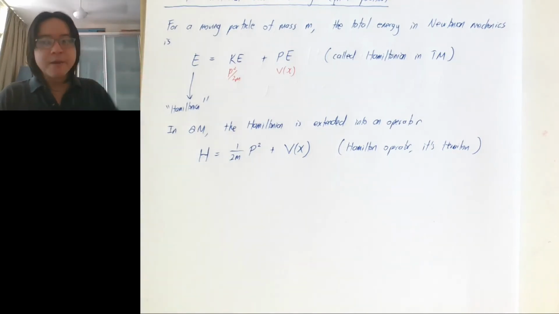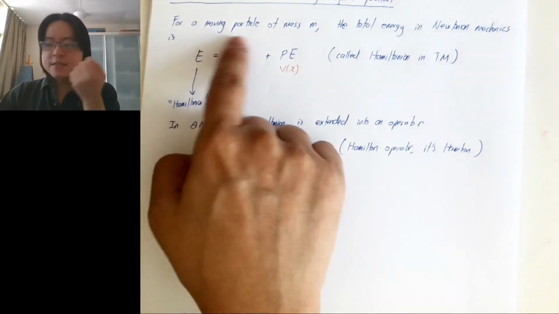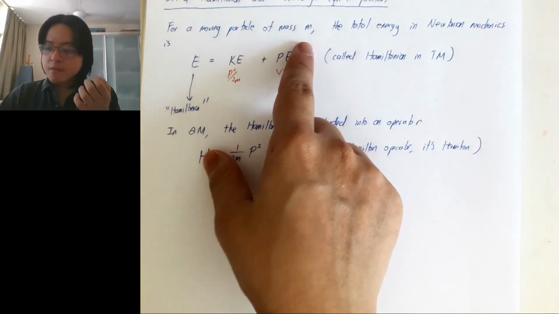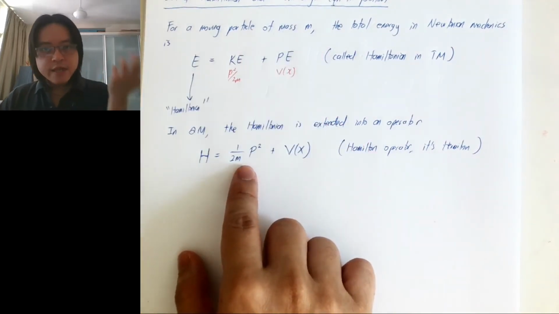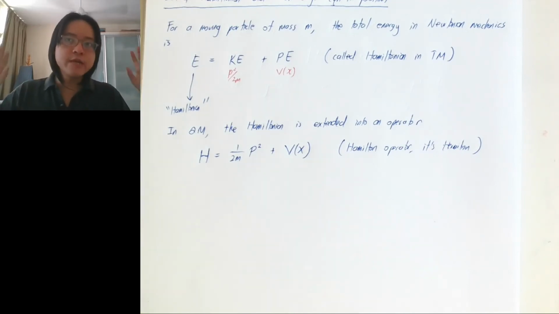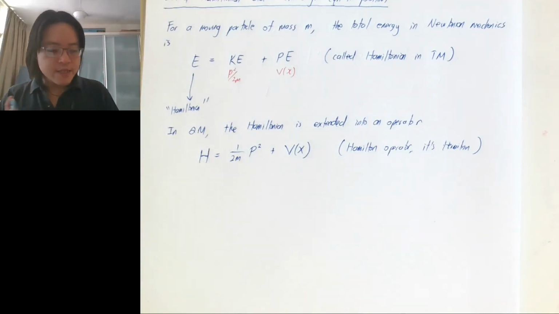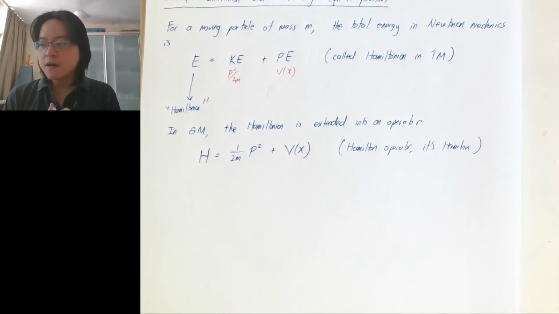That is quite amazing. But now we do it properly. If you have a particle of mass m, then this is the kinetic energy, and this is the potential. So the total should be the Hamiltonian operator, whose eigenvalues will give me the energy of the system.